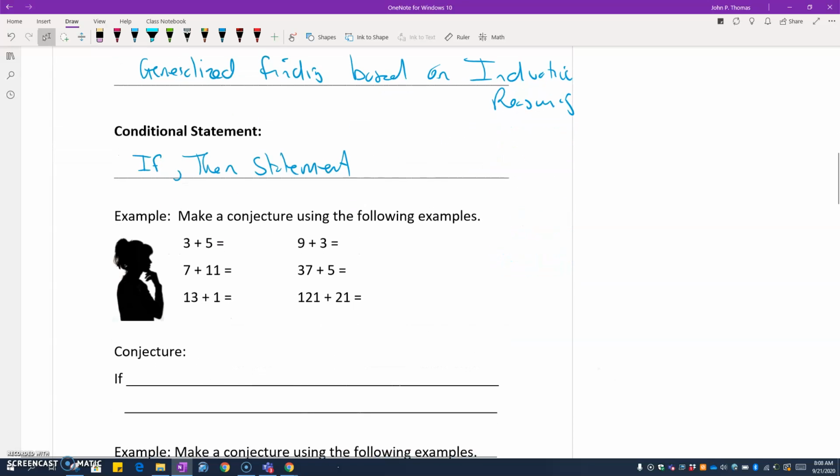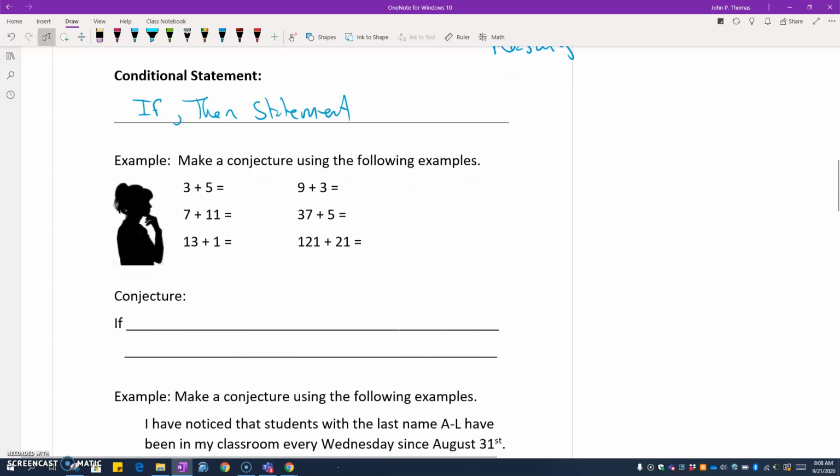Now, if I jump to this first problem here, it says make a conjecture using the following example. So they've got 3 plus 5, which is 8, 7 plus 11, which is 18, 13 plus 1, which is 14, 9 plus 3, which is 12, 37 plus 5, which is 42, and 121 plus 21, which is 142.